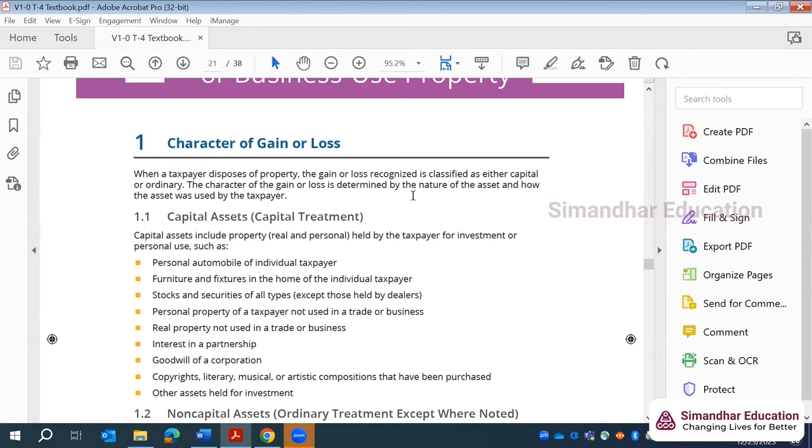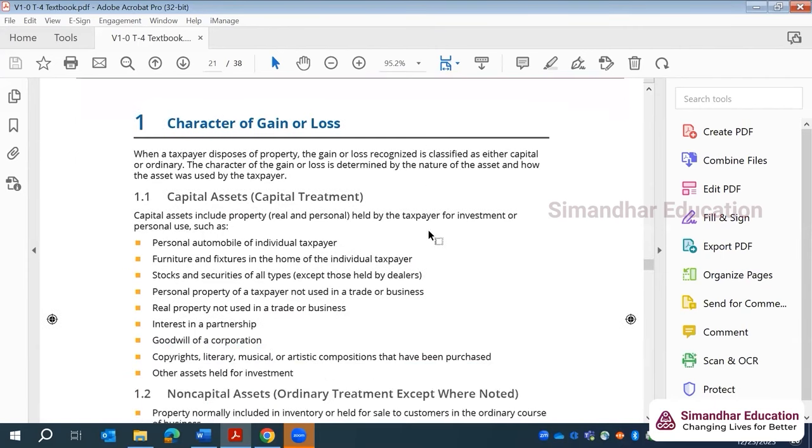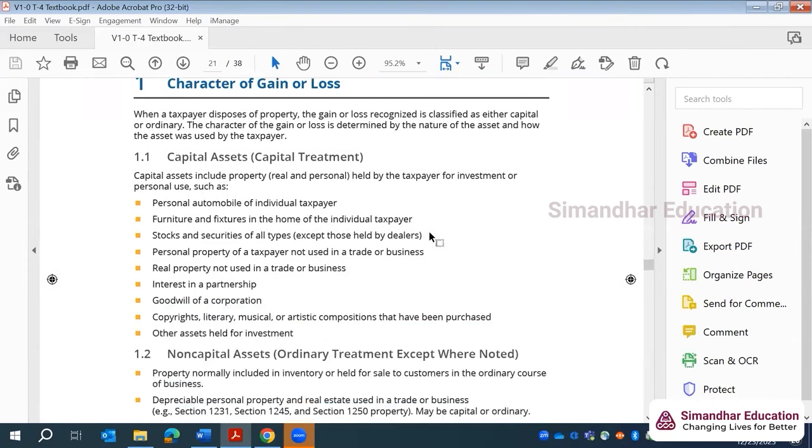All right. So moving on to the disposition of trade or business use property. Now, the nature of the property will depend upon the usage of the property. So today, let's say I buy a truck.